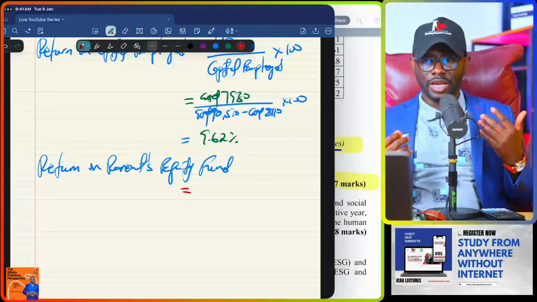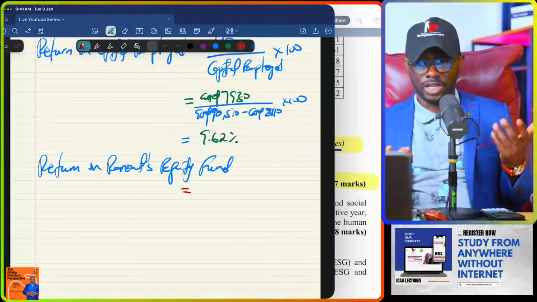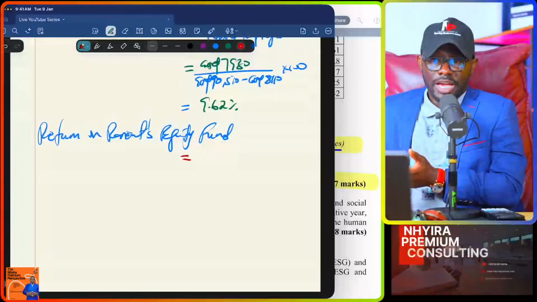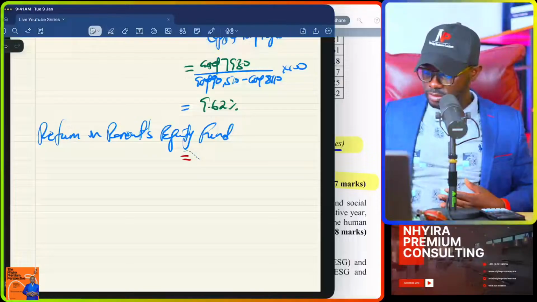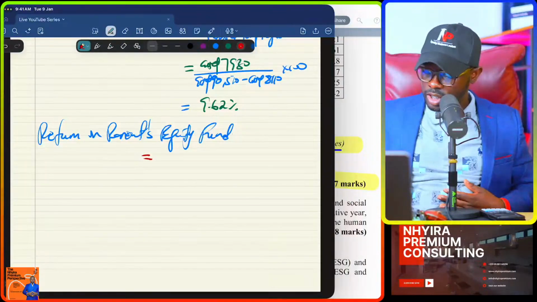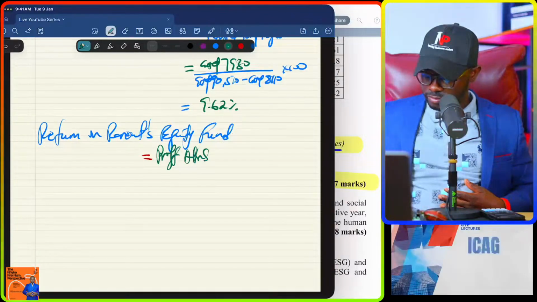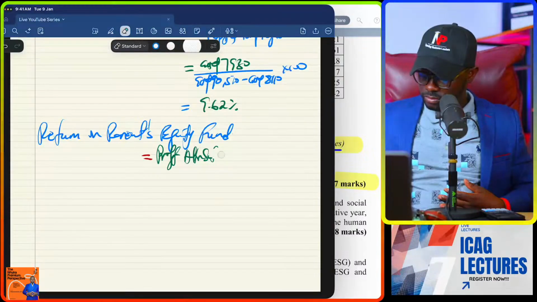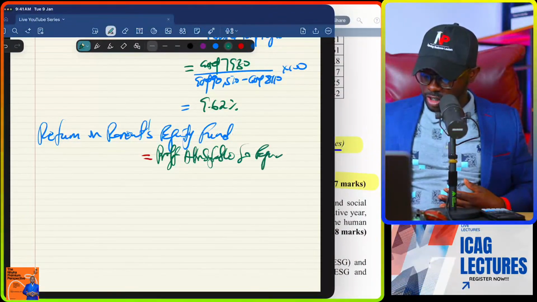So we're going to be looking at the profit after tax, profit attributable to equity shareholders, and then we will divide that by the equity of the parent. So profit attributable to equity shareholders, divided by the parent equity fund, times 100.